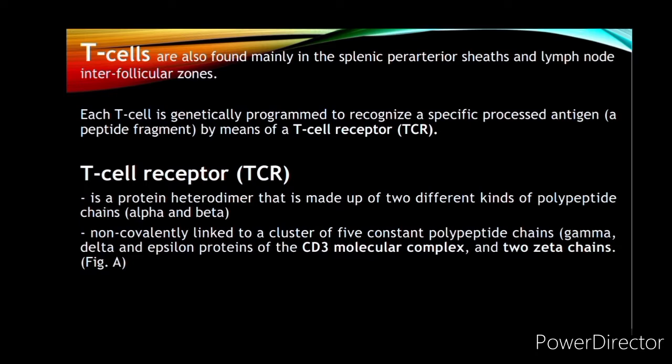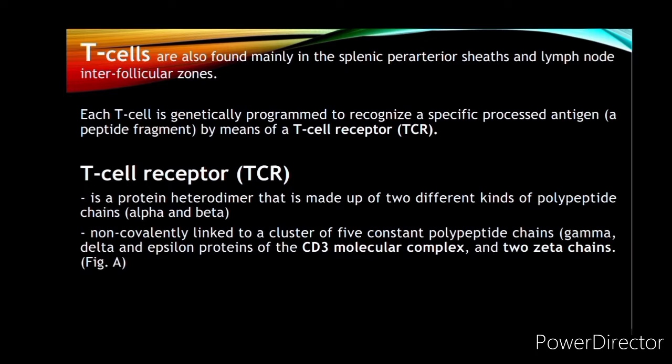Each T cell is genetically programmed to recognize a specific processed antigen or a peptide fragment by means of a T cell receptor, or the TCR. The TCR is a protein heterodimer made up of two different kinds of polypeptide chains, the alpha and beta.